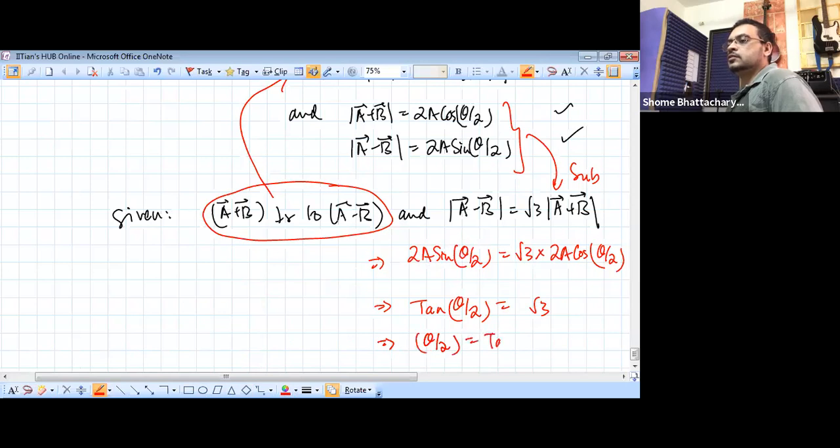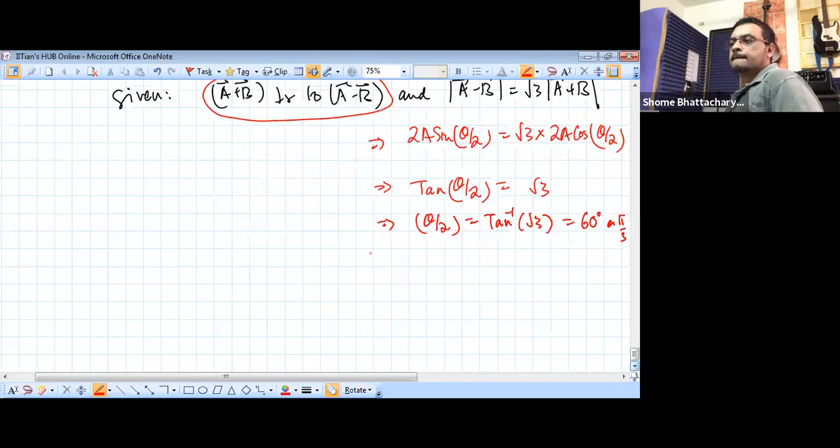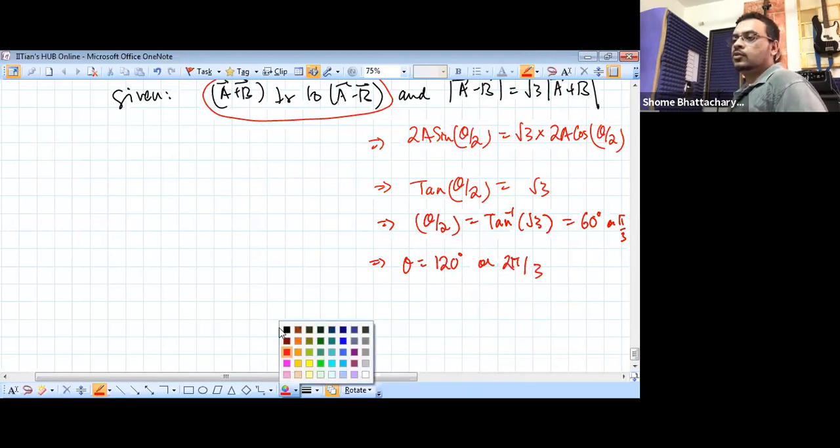So theta by 2 is tan inverse of root 3, which is 60 degrees, or pi by 3. So that's showing us that theta is 120 degrees, or 2 pi by 3. Ultimately we are realizing our rhombus.